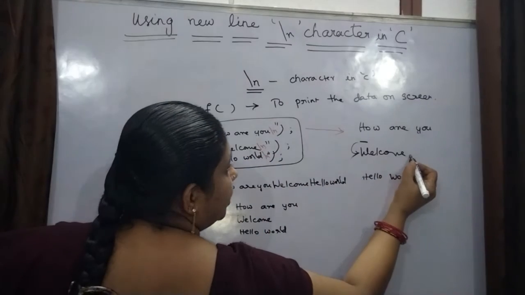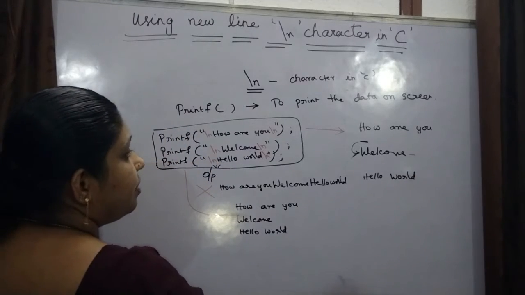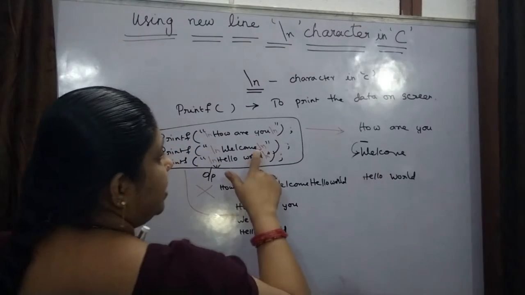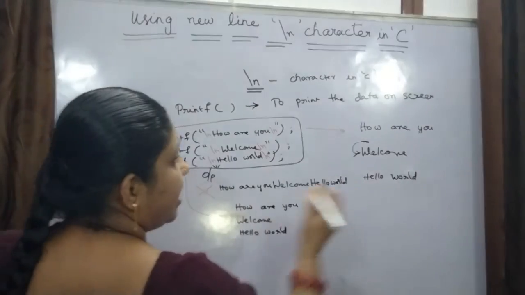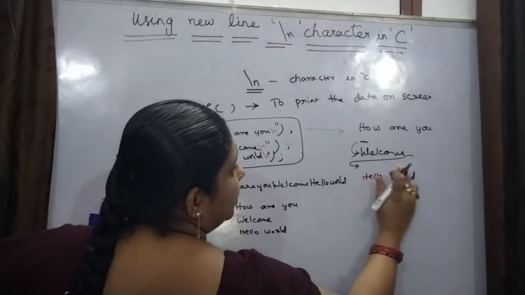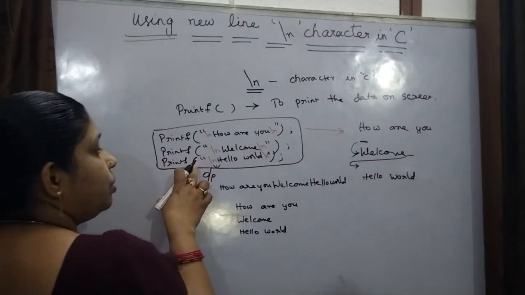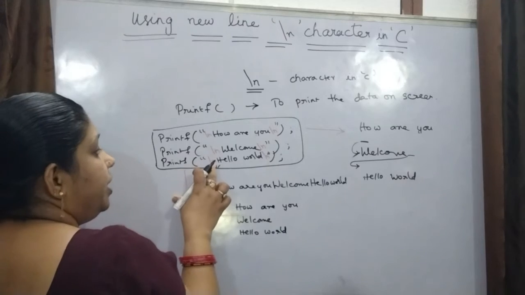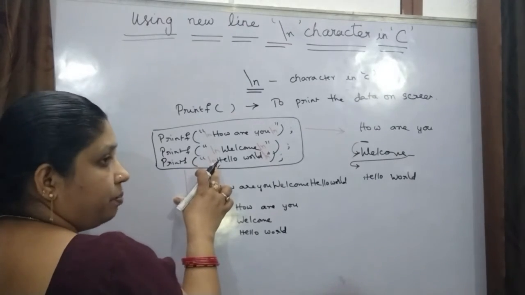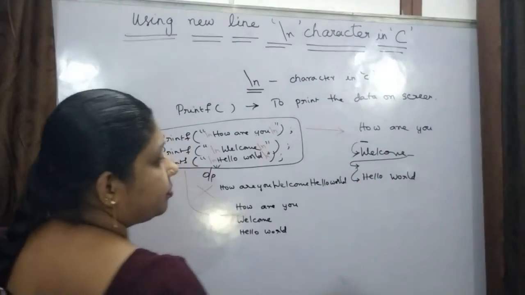After printing, the cursor will see this \n, and the cursor will jump here and it will stay here. After coming here, then next it goes to the third statement. Here again it will see the \n, and then again from here to here it jumps.